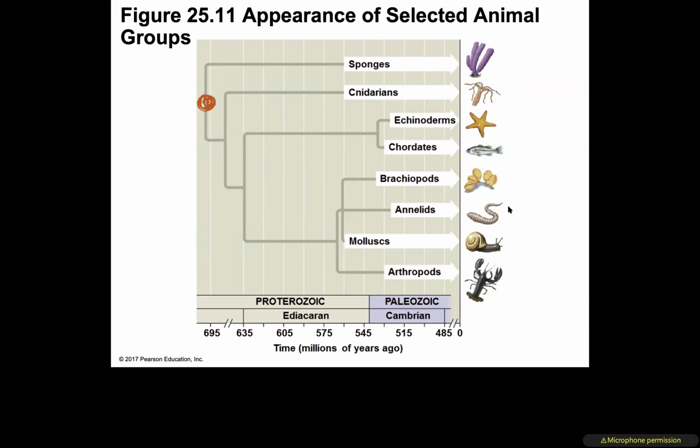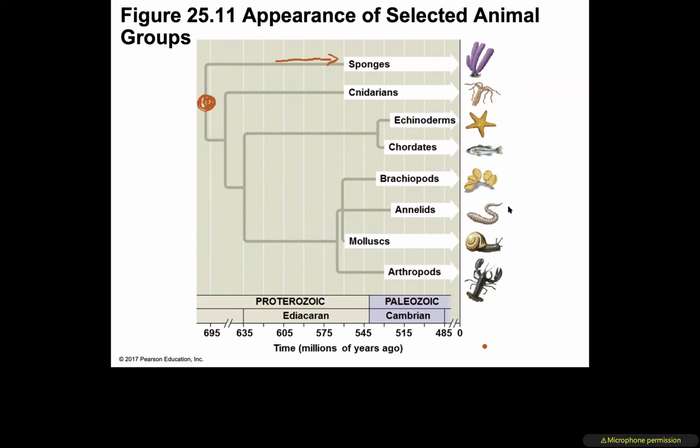The common ancestor went to sponges, and the reason I'm calling this a clade is because, yes, this is a phylogenetic tree, but I can consider the sponges an outgroup.